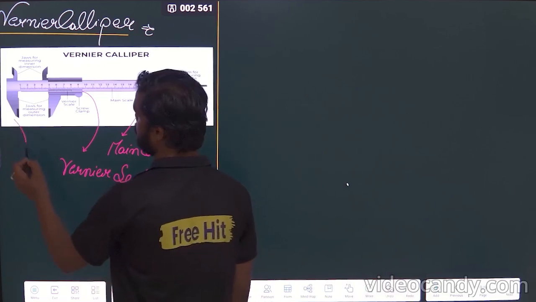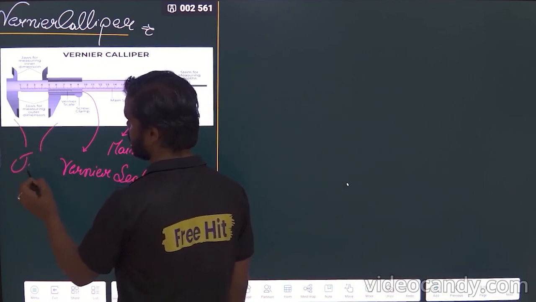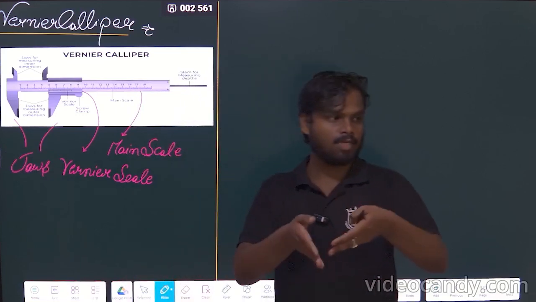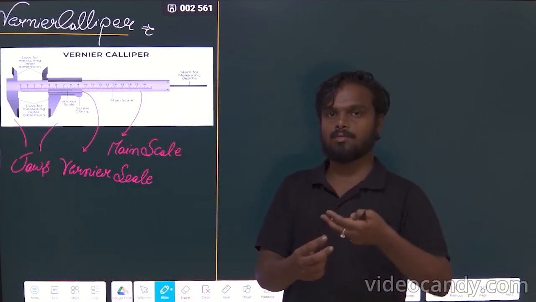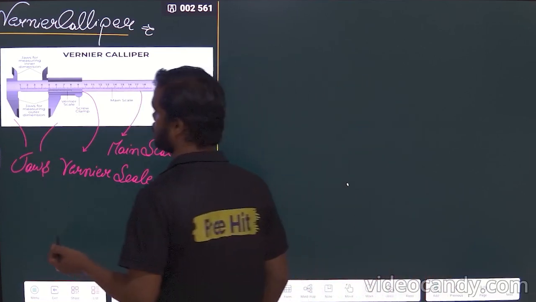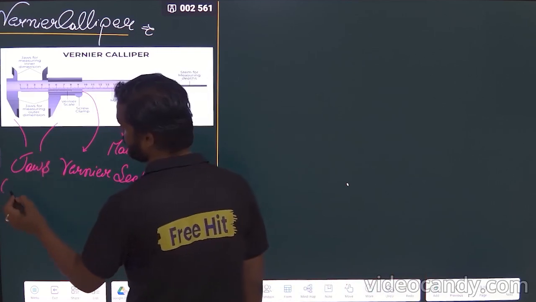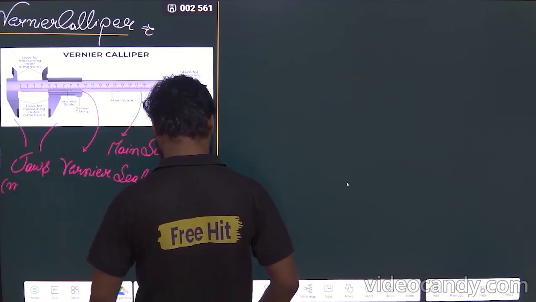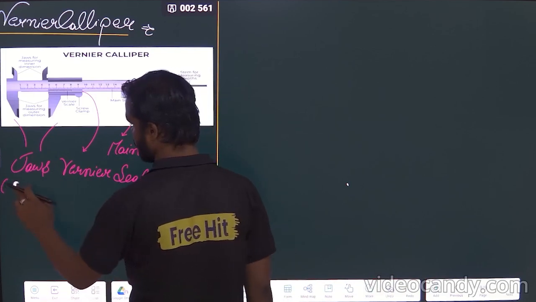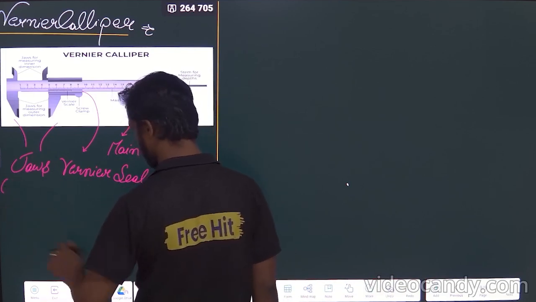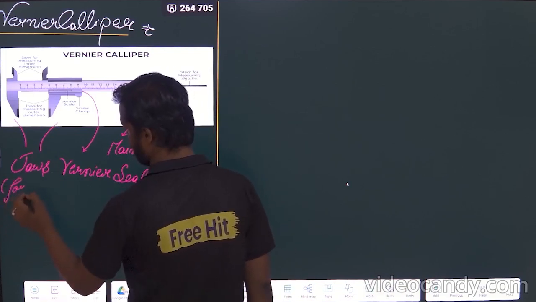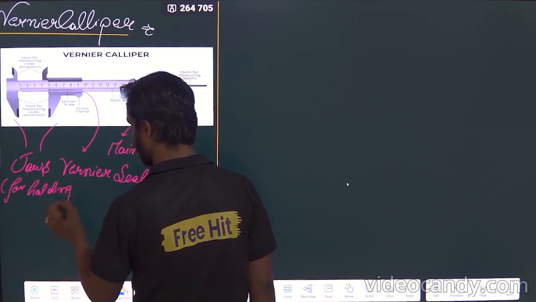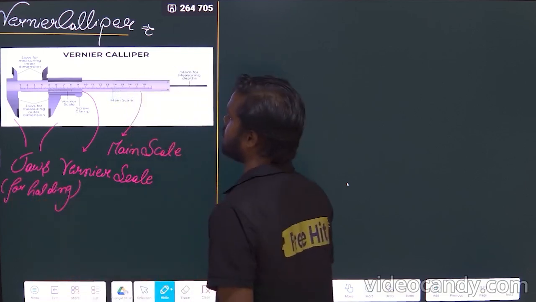These are called jaws. Basically, inside these we keep any instrument we want to measure, and then measure the length and so on. They are used for holding.